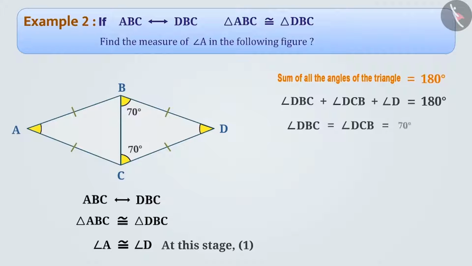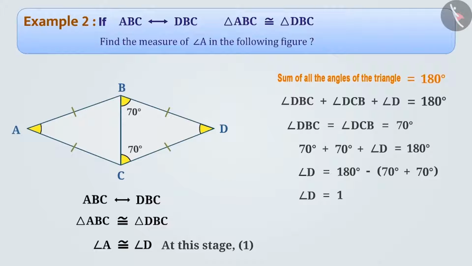Therefore, 70 degrees plus 70 degrees plus angle D is equal to 180 degrees. Angle D is equal to 180 degrees minus (70 degrees plus 70 degrees). Angle D is equal to 180 degrees minus 140 degrees. Angle D is equal to 40 degrees.